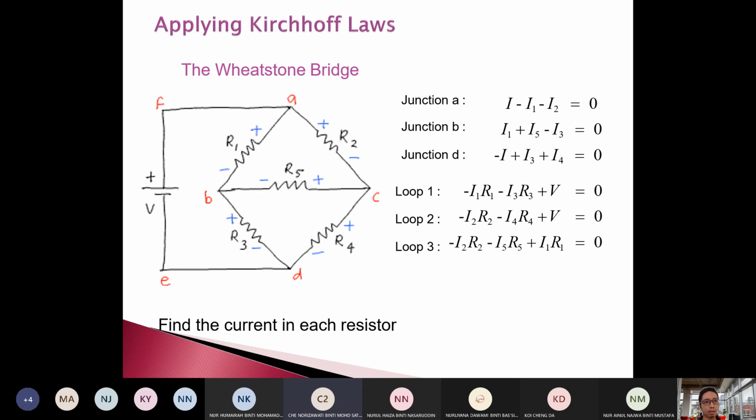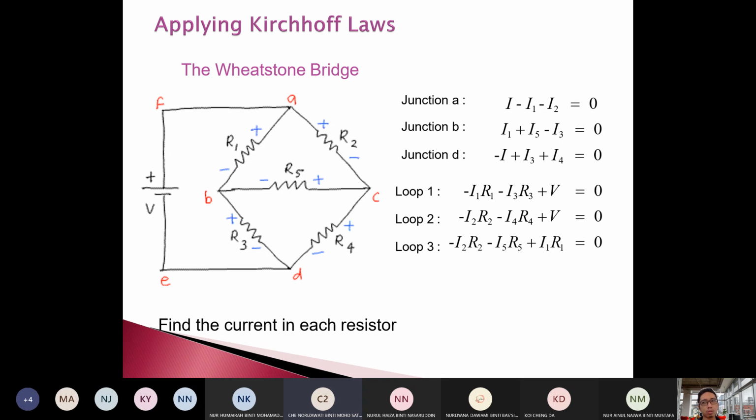Okay. All right. So let's say we have a Wheatstone bridge. So you have multiple nodes, multiple junctions over here, and this is how you solve it.